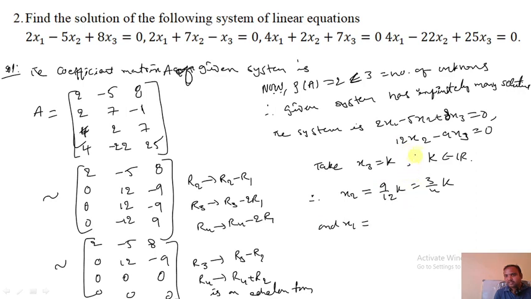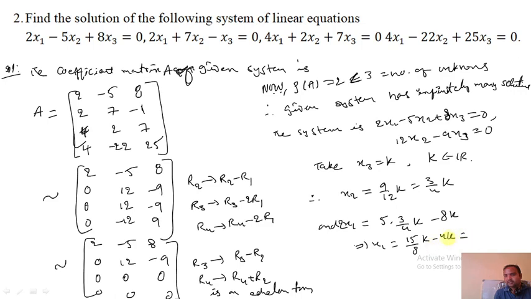2x1 equal to 5x2 minus 8x3. What is x2? 3 by 4 k, minus 8k. This is 2x1. That implies x1 equal to 15 by 8k minus 4k.